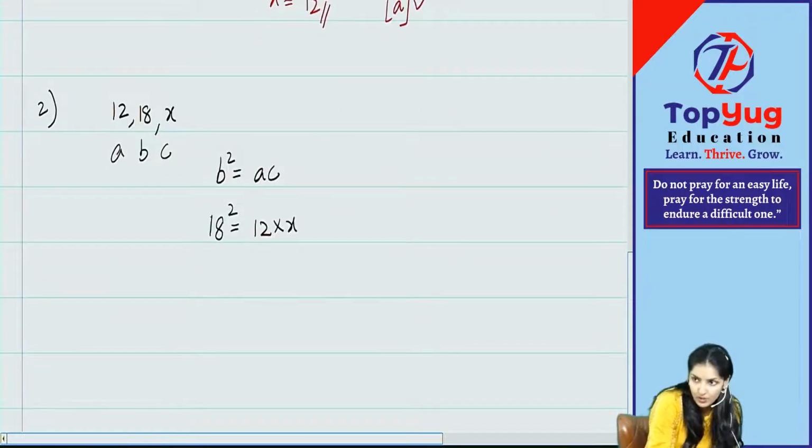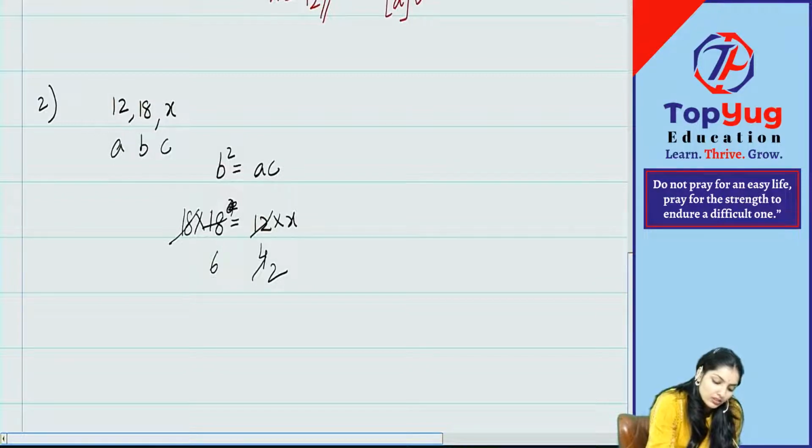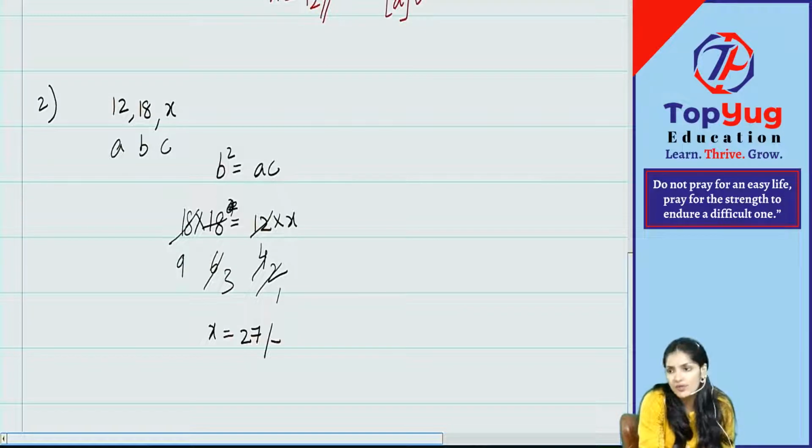I can cancel before that only. 18 into 18 is 324, but I can also cancel directly. 4 threes are 12, 3 sixes are 18, so x is equal to 27. You can do however you want. Simplification is your choice.